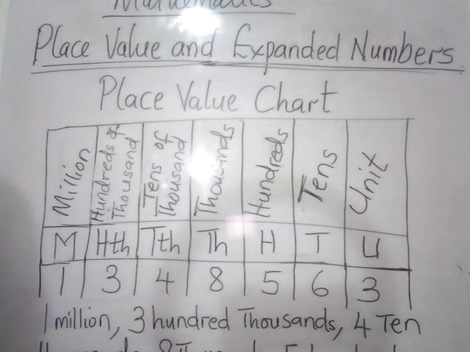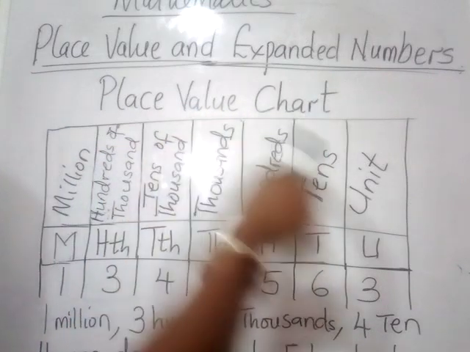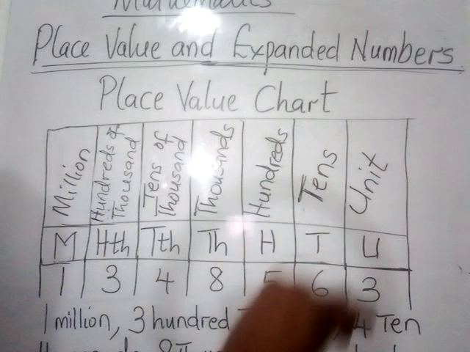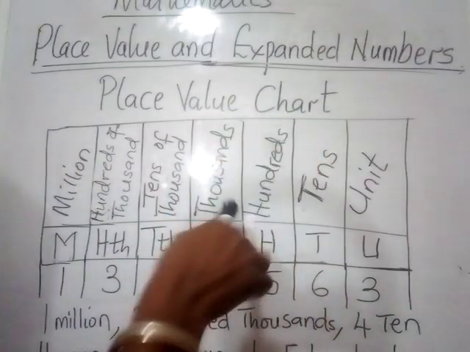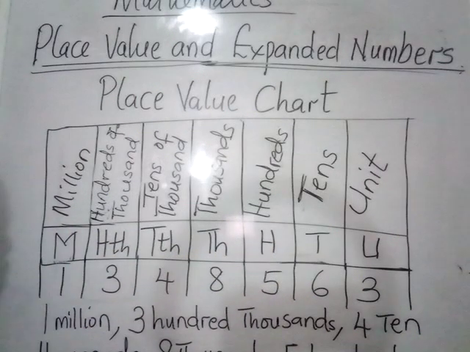So to begin our lesson, we're going to look at this place value chart that we have here. We explore this place value chart and we see how it helps us to accurately place digits in numbers in their correct positions, which helps us to determine their values.